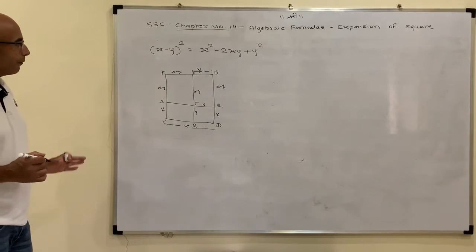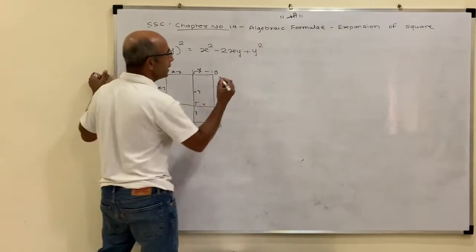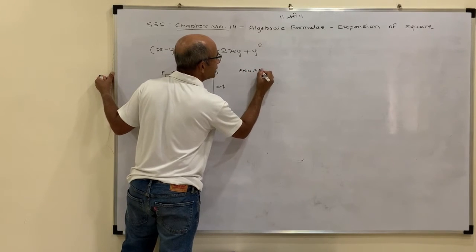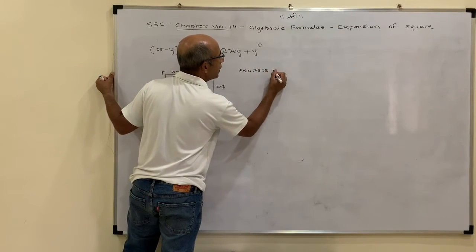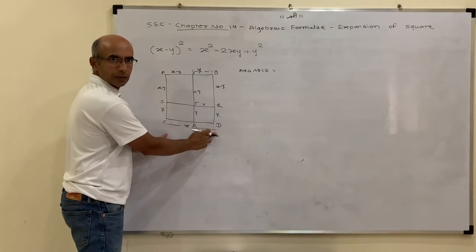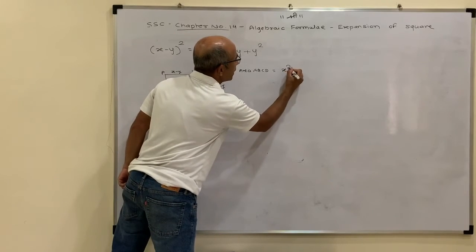Now, first I find out the area of ABCD. Area of ABCD equals how much? My one side is X, so my area of ABCD will be nothing but X square.